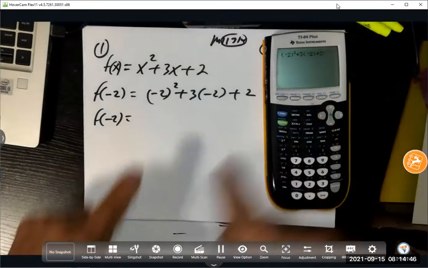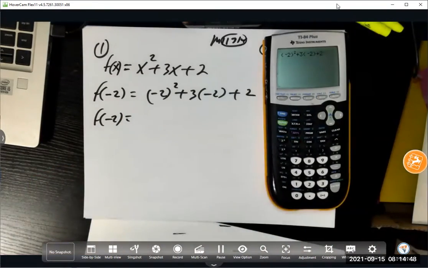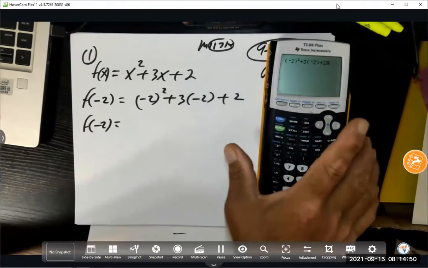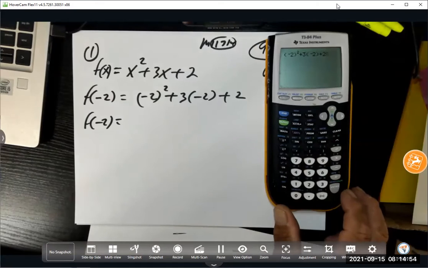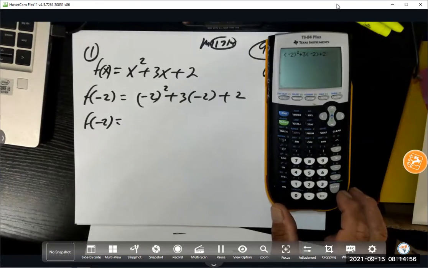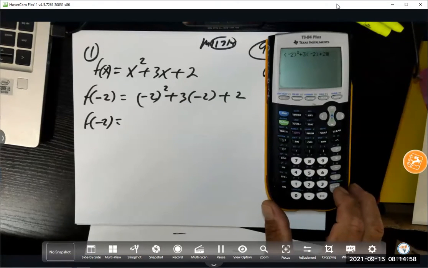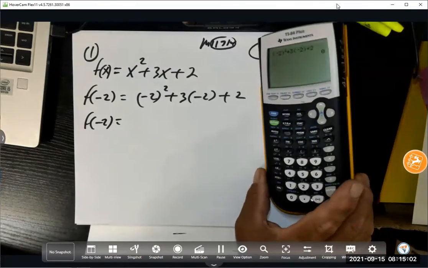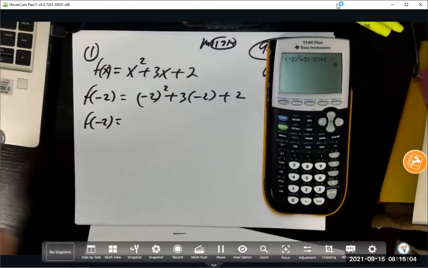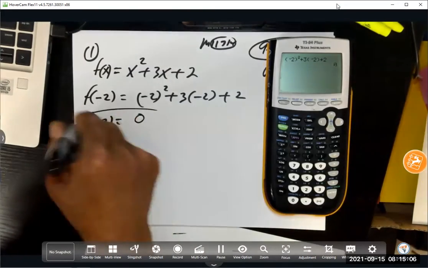Okay, that one right there. Everybody get that far? Hopefully, yes. Now, once you do that, it's gonna do it for you. If I hit enter, my answer is 0. Is that right? Yes or no? Y'all get this answer?